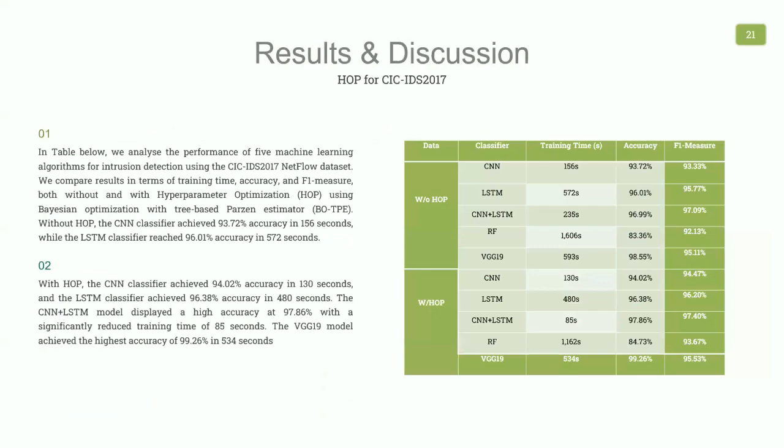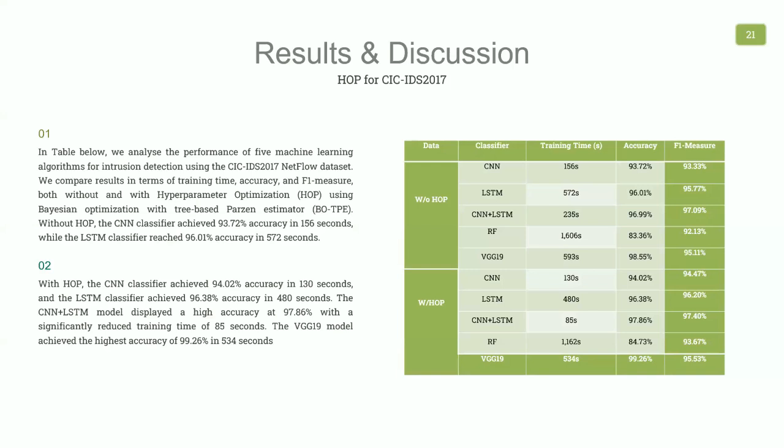Here we will compare the performance results of the deep learning models before using the hyperparameter optimization and after using the hyperparameter optimization in terms of training time, accuracy, and F1 measure. Without using the hyperparameter optimization, the convolutional neural network classifier achieved 93.72% accuracy in 156 seconds training time, while the long short-term memory classifier reached 96.01% of accuracy in 572 seconds of training time.